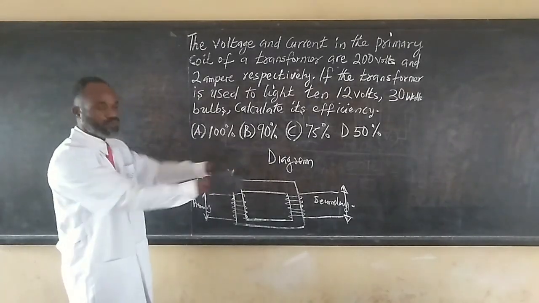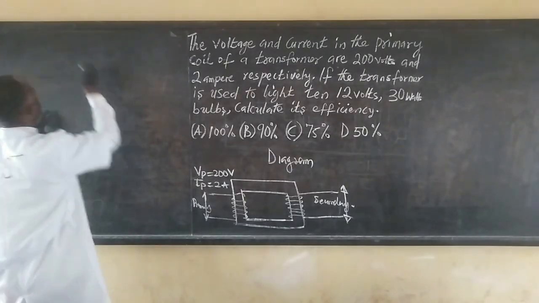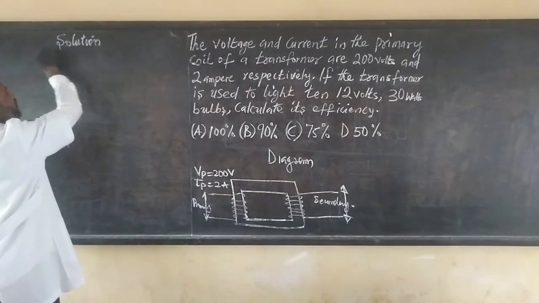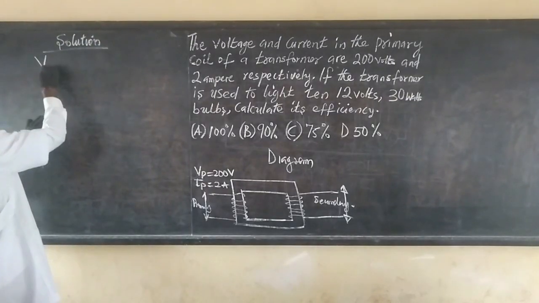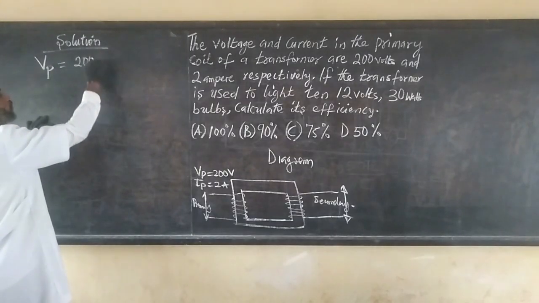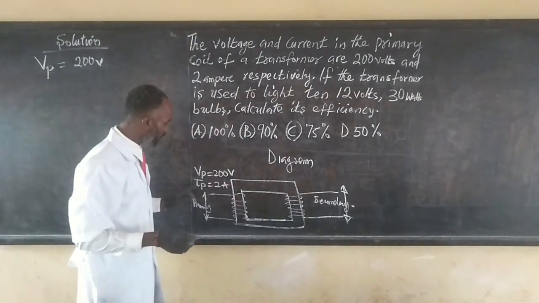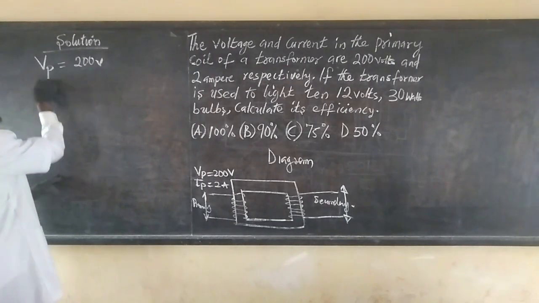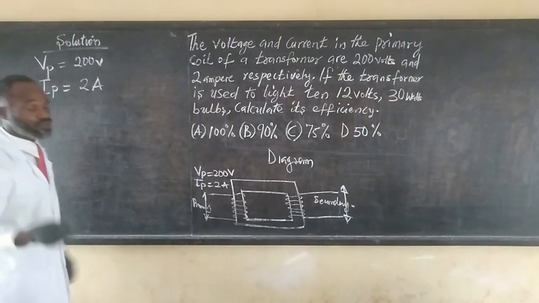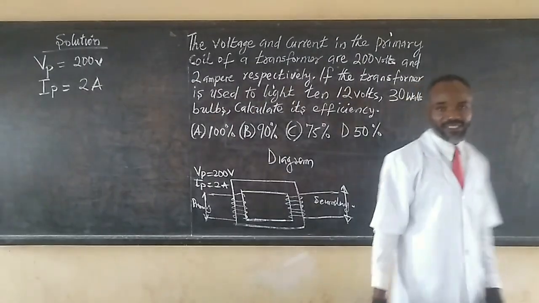Let's start our solution. VP, that's the primary voltage, is 200 volts. That's the first thing. And the second is that the primary current IP is 2 amps or 2 amperes, so to say.